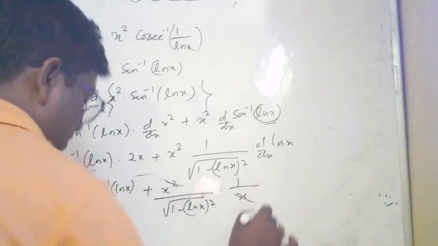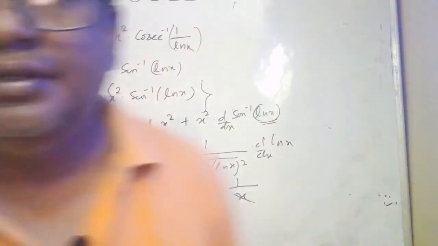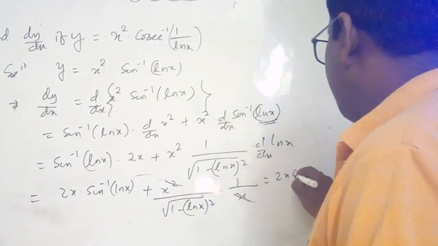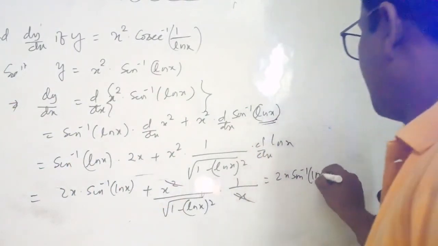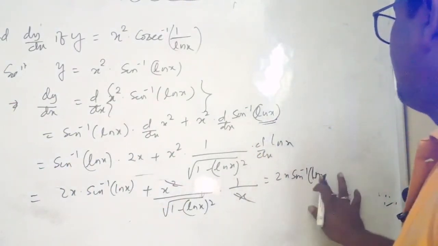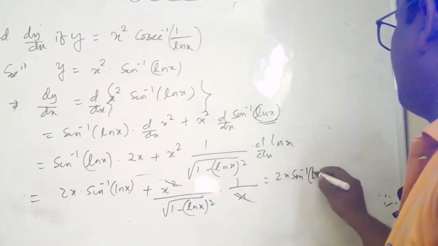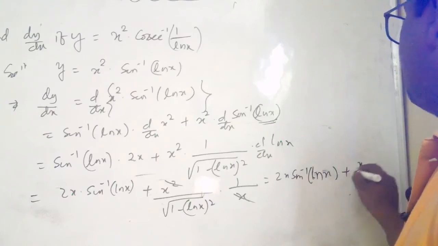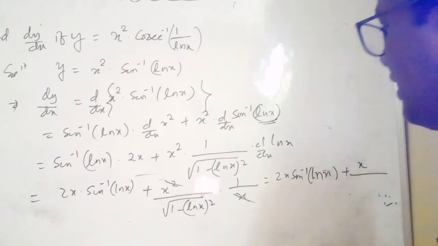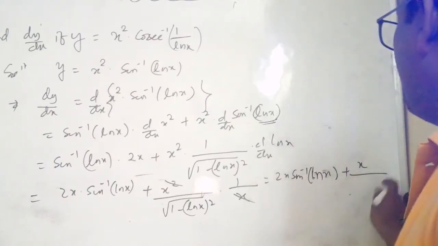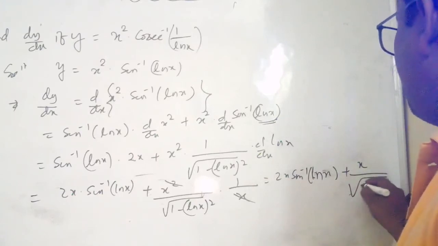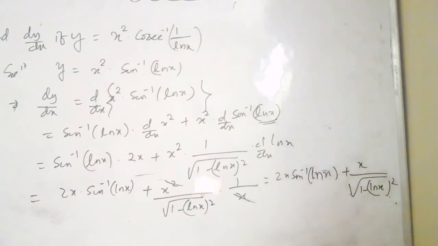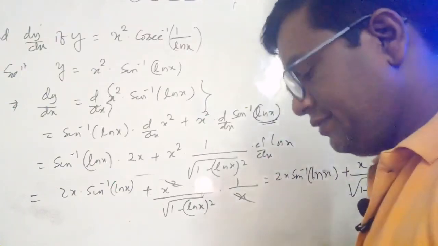So this cancels, and what remains is 2x sin inverse ln x plus x by root over 1 minus ln x whole square. Clear? This is your answer.